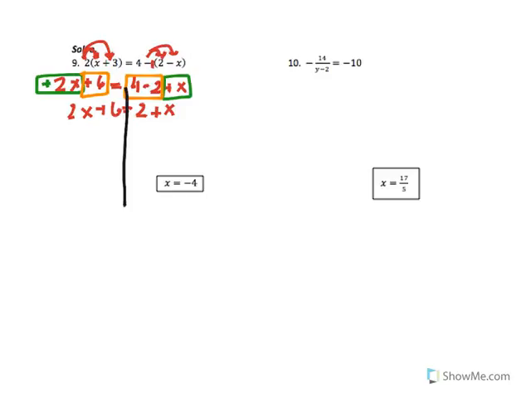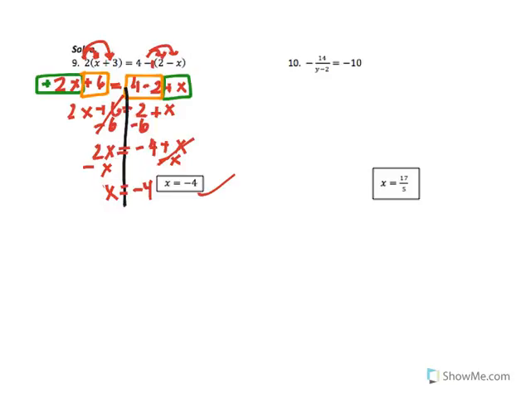I need to move the constant to get x by itself. And here I get 2x equals 2 minus 6 gives me negative 4 plus x. I need to send this x over with the other x, and I get 2x minus x gives me x equals negative 4. And that's my answer right here.